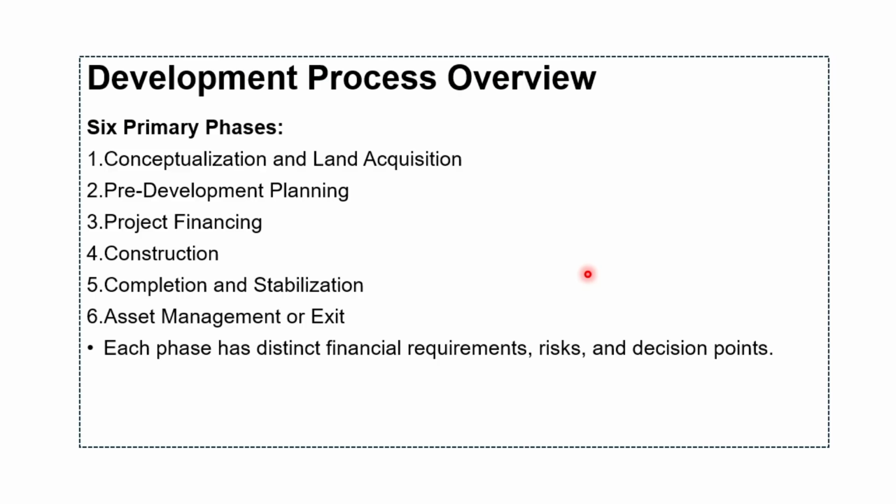Then we have phase 3, which is project financing. This is the structure, in which the capital stack combines debt and equity sources to fund the construction. And financial management will focus on cash flow coordination and budget control during this extended period.